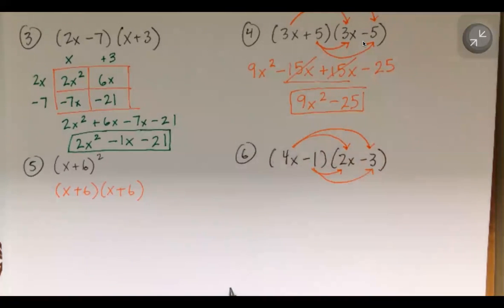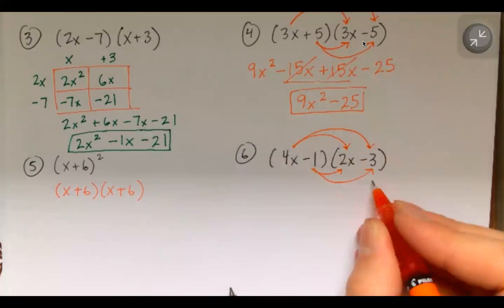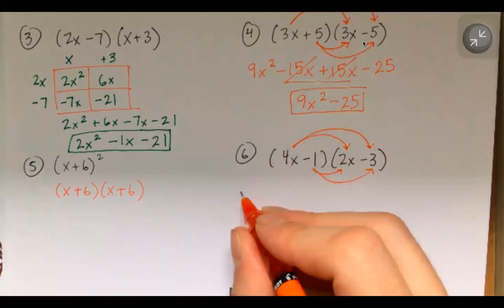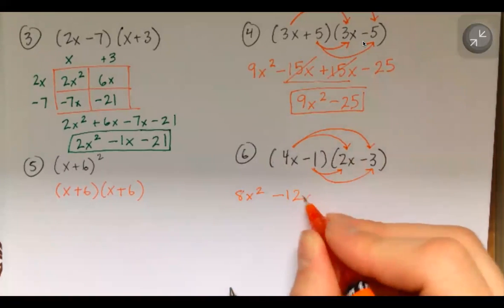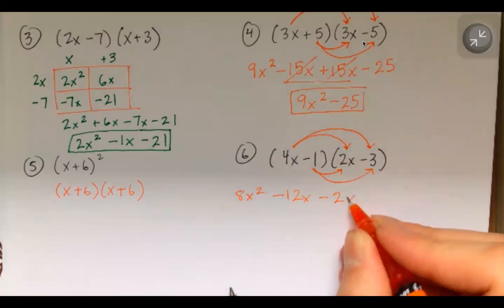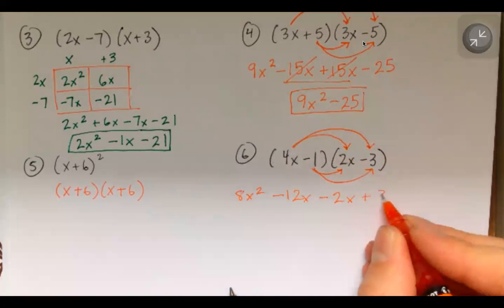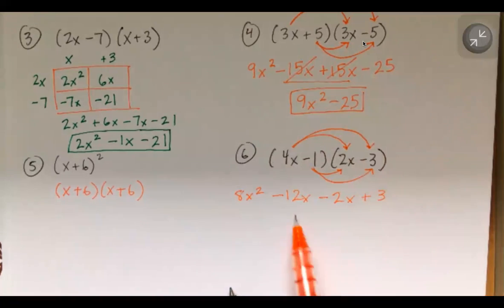Kind of get the same answer. So I'll kind of quickly do it, but I won't simplify it all the way. So we get 8x squared minus 12x minus 2x, and then plus 3. And then obviously combine your like terms and you get the final answer there.